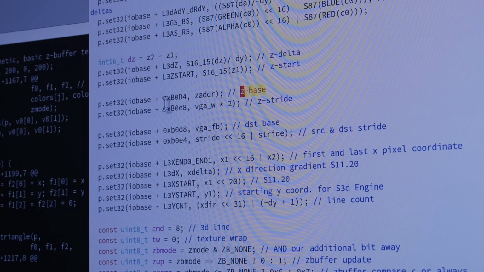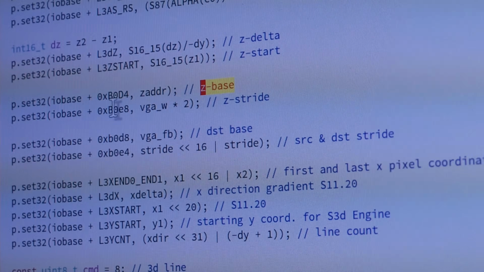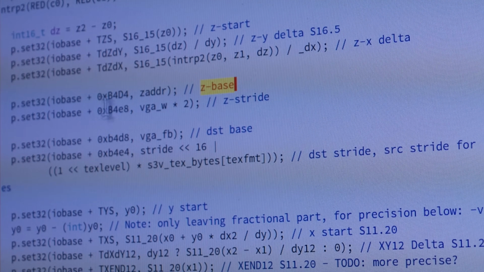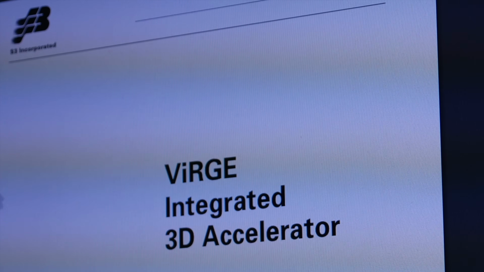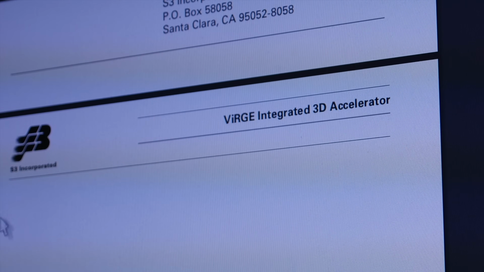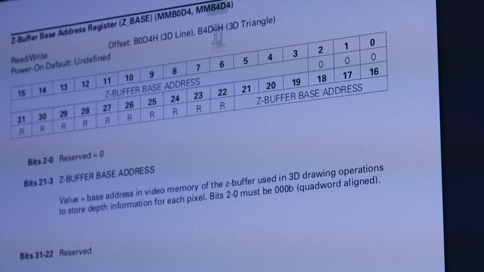And you see this line register is slightly different. Here B0 and B4. And you find, as usual, all those values in the specification. So B4, D4, B4, D4. I also wanted to add more symbolic constants for this another day. So this is the set buffer base address register, set base. As you can see, different for 3D line and 3D triangle.